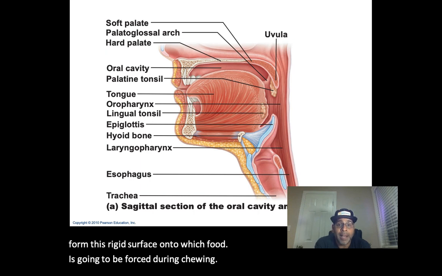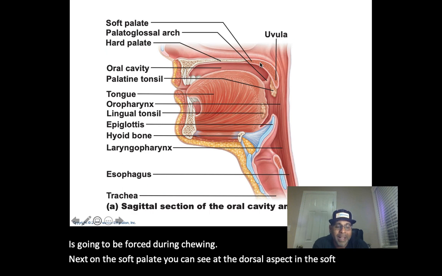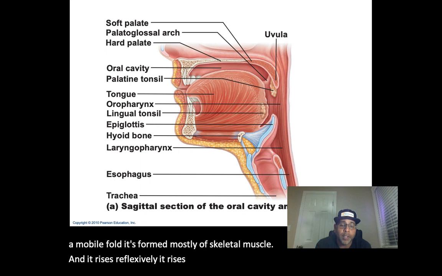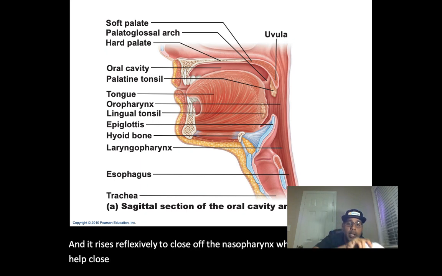Next, the soft palate, which you can see at the dorsal aspect. The soft palate is a mobile fold formed mostly of skeletal muscle, and it rises reflexively to close off the nasopharynx when we swallow.